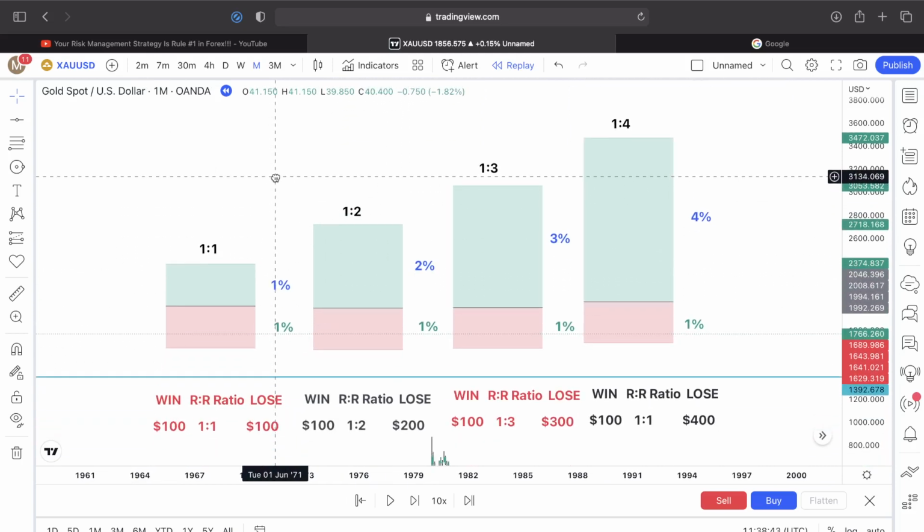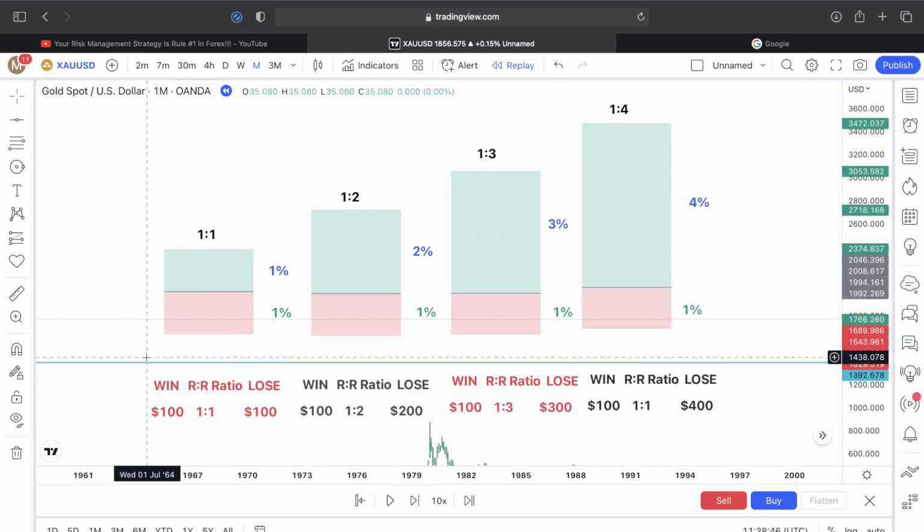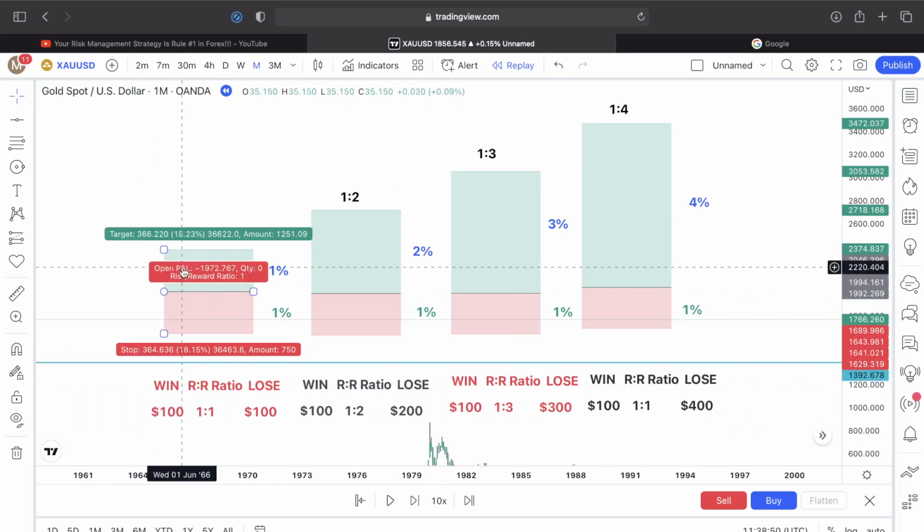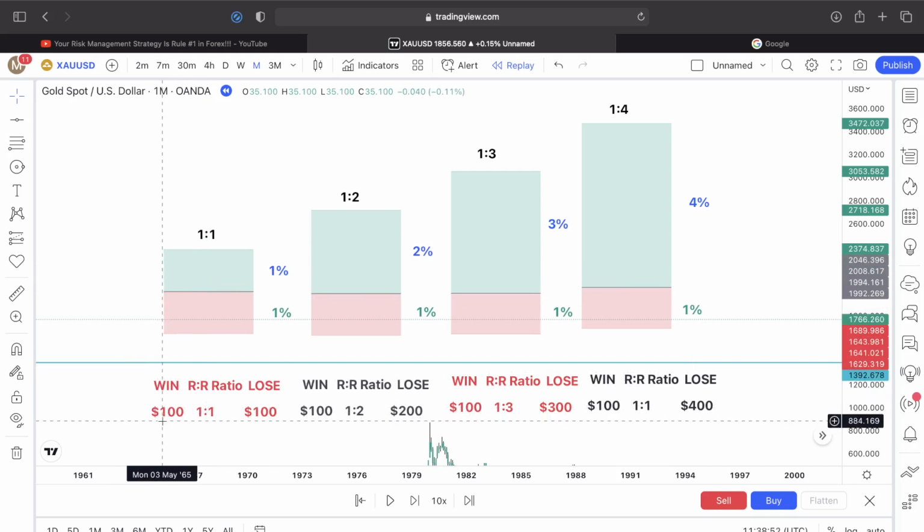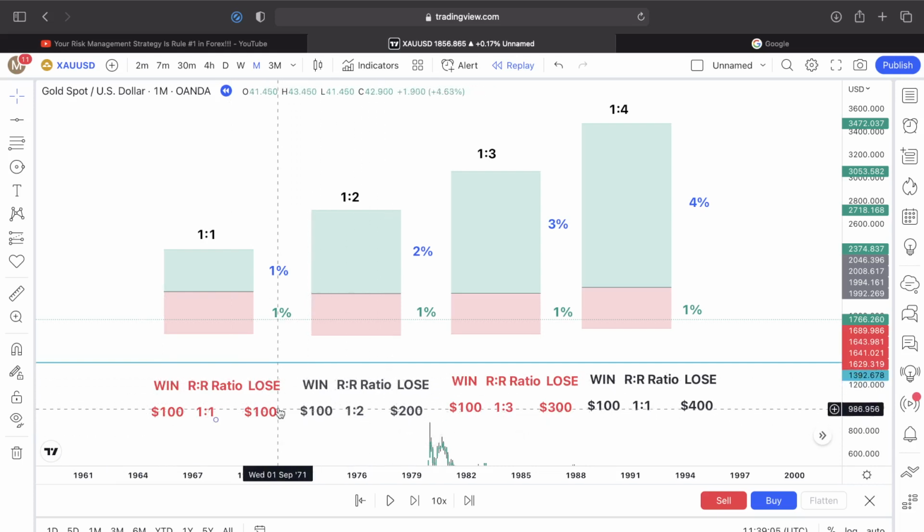If you go down, as I can see, winners means if you win 1%, 1-to-1 risk reward means winning $100, willing to lose $100. Sorry, actually it's the other way around.